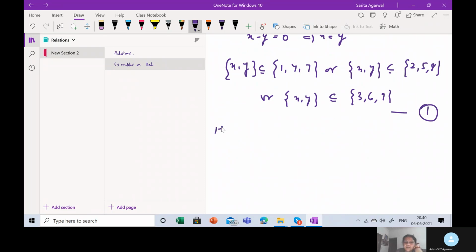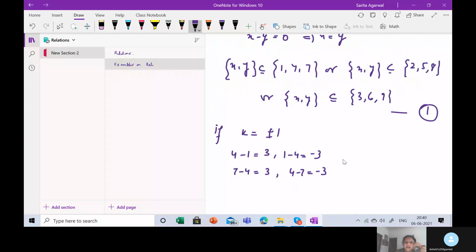Now, if k equal to plus minus 1, then we can see that 4 minus 1 is 3 and 1 minus 4 is minus 3. 7 minus 4 is 3 and 4 minus 7 is minus 3.